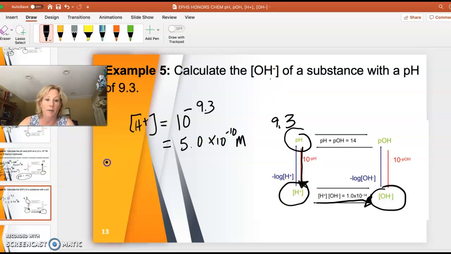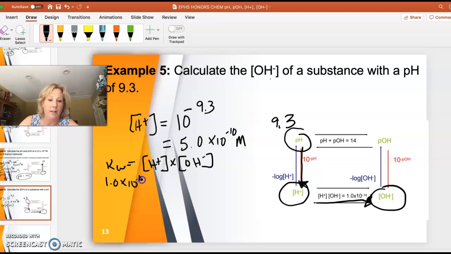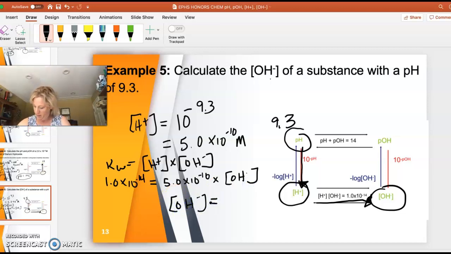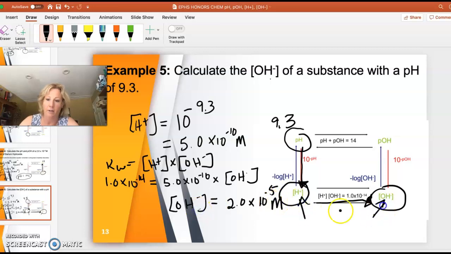So then I just have to remember that Kw, and I'm right here in the diagram, equals the hydrogen ion times hydroxide. So I can just sub in my 1 times 10 to the negative 14th and then put in my hydrogen and solve for my X, which is OH. When I do that, I get 2.0, I can't even read my writing, so hopefully I'm not wrong, times 10 to the negative 5th. And remember, these are going to have the unit of molarity.